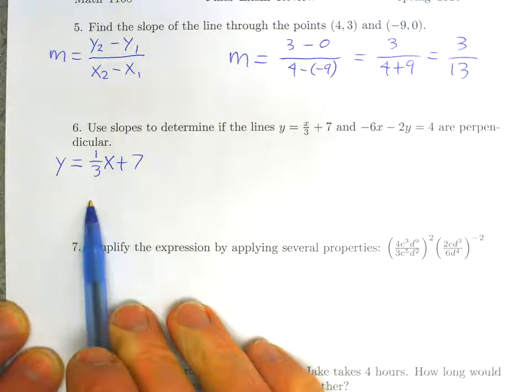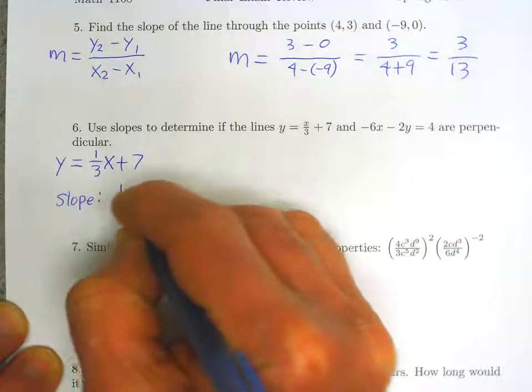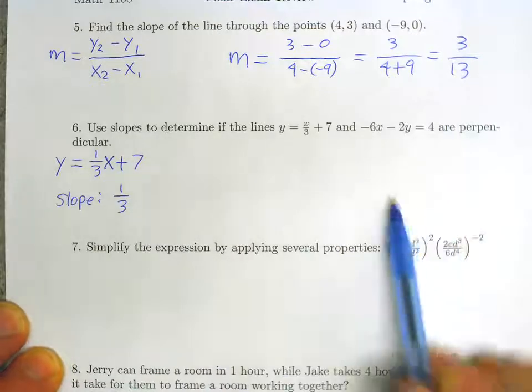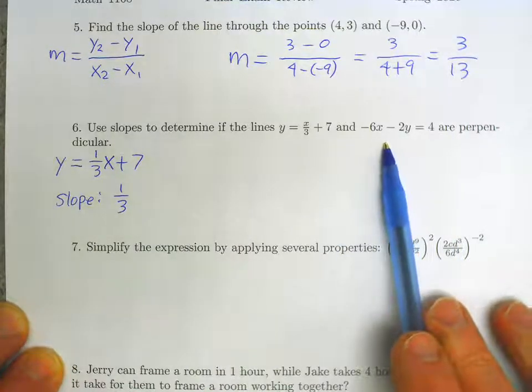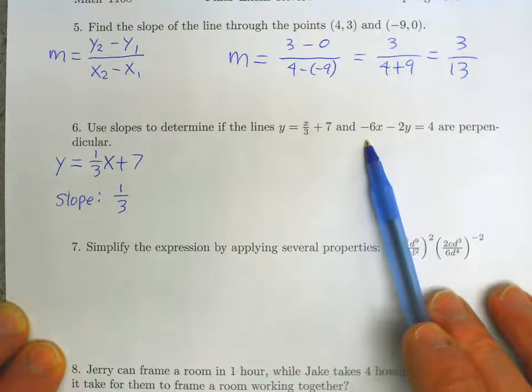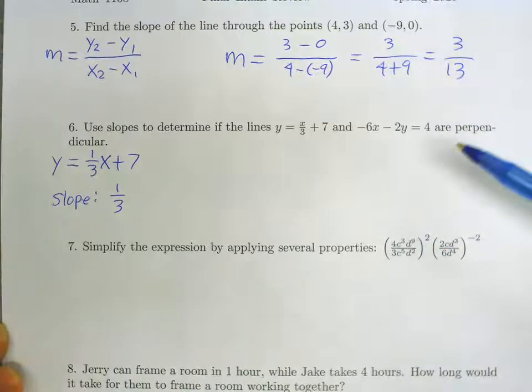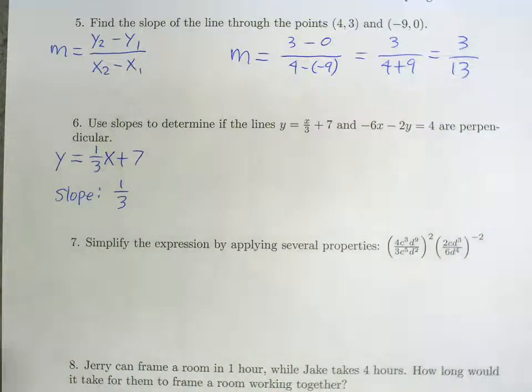So the slope of this line is 1/3. And it's not immediately apparent what the slope of the other line is, but if we solve this other equation for y so that it's in the form y equals mx plus b, then we'll be able to tell what the slope is.